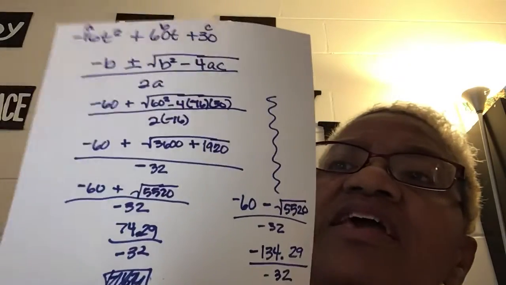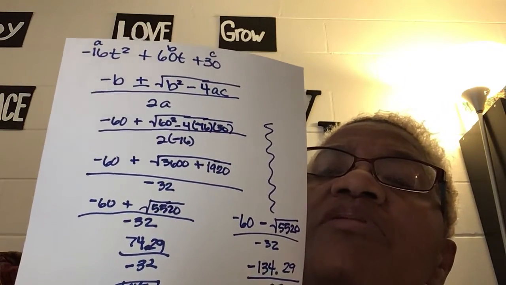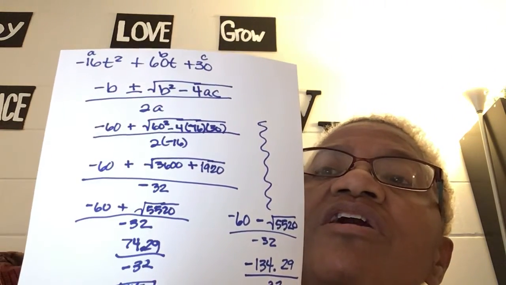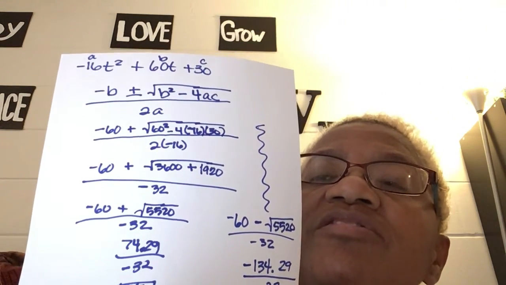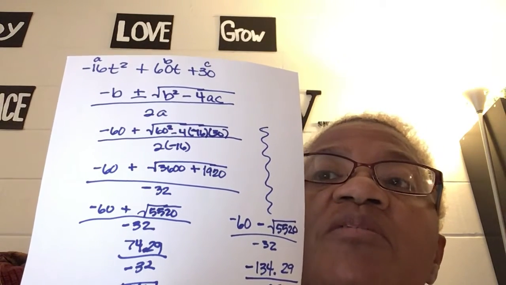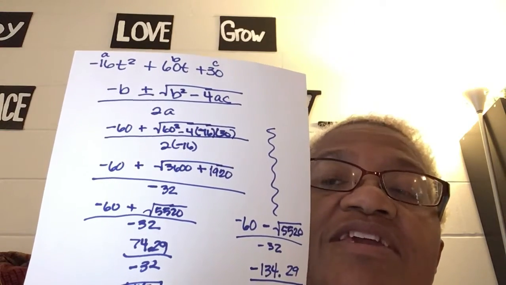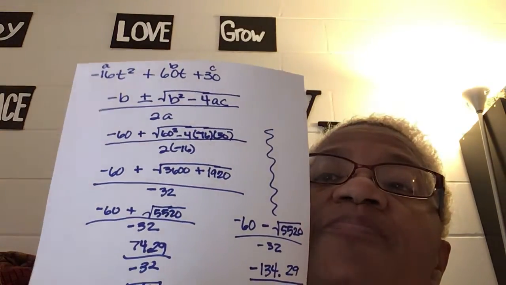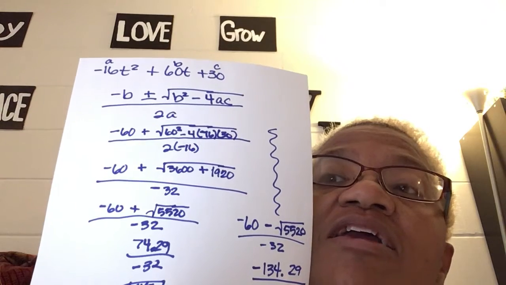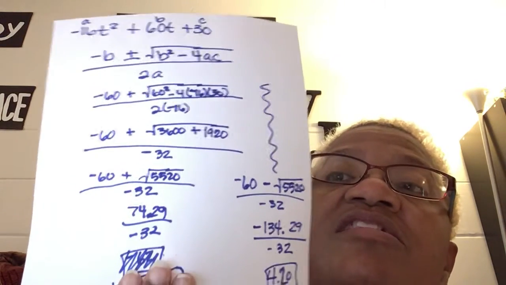Okay, it says negative 16 t squared plus 60 t plus 30. So your quadratic formula is negative b plus or minus the square root of b squared minus 4ac over 2a. So a is negative 16, b is 60, c is 30.